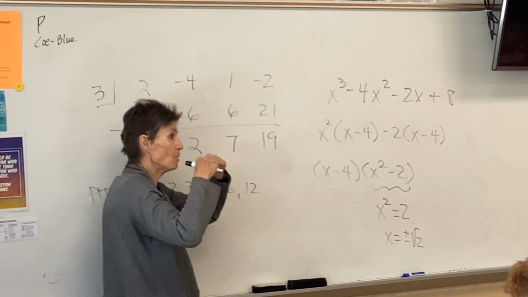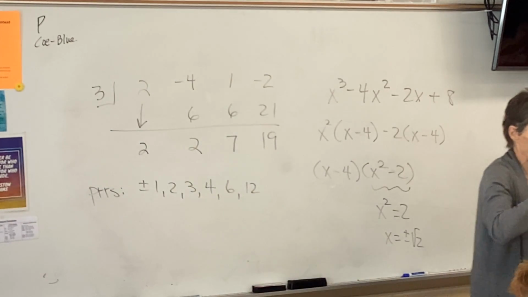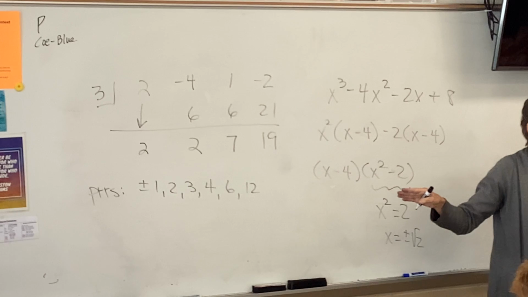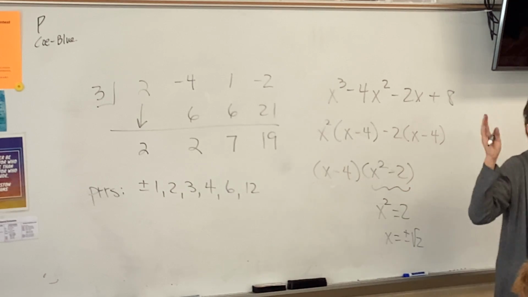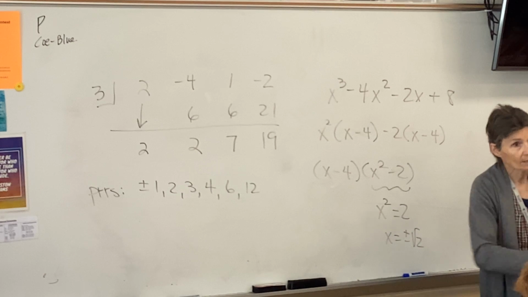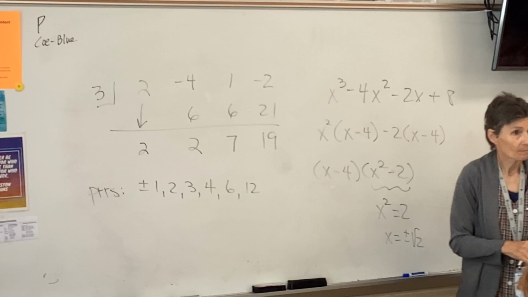Upper bound means there are no roots higher than it. So that can be a time saver for you, because 3 didn't work, but I'm not going to try any numbers bigger than 3 because that's an upper bound, so I would focus on numbers less than 3. Okay?